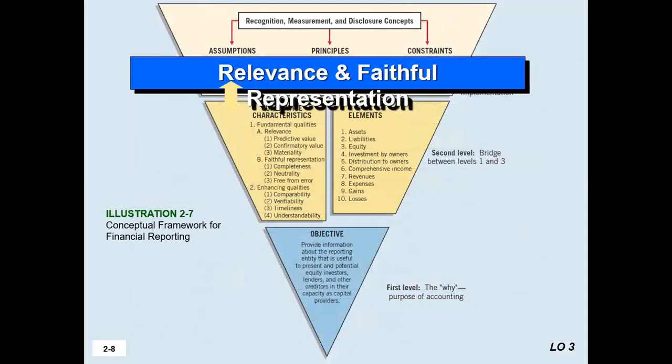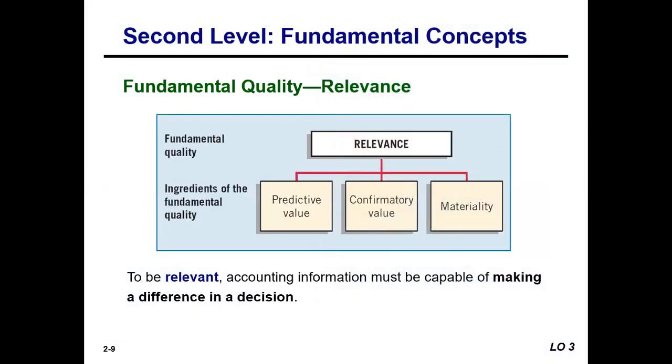All right, so we see that here. Again, those characteristics fall under relevance and faithful representation. The qualitative characteristics, we talked about each one of those already. And again, we see them here: predictive value, confirmatory value, materiality.